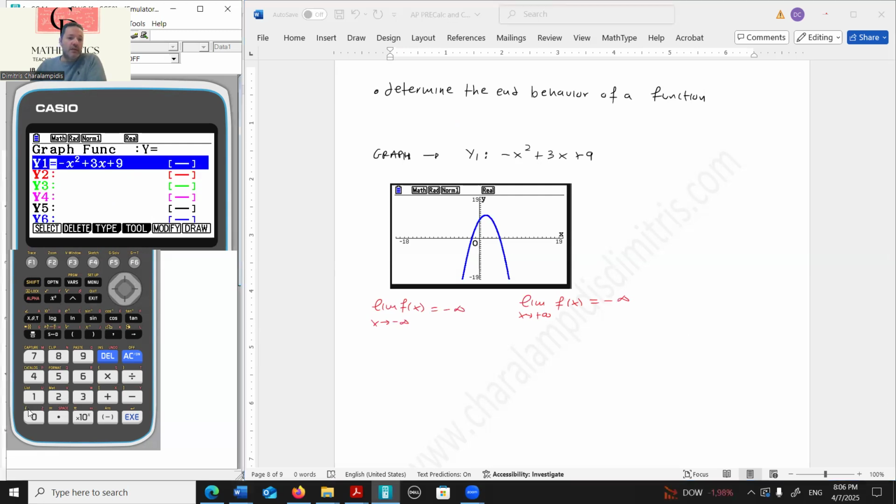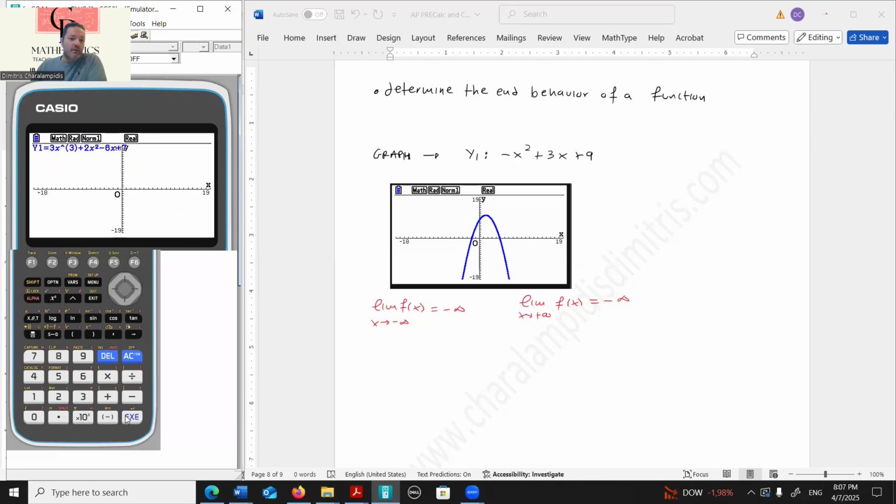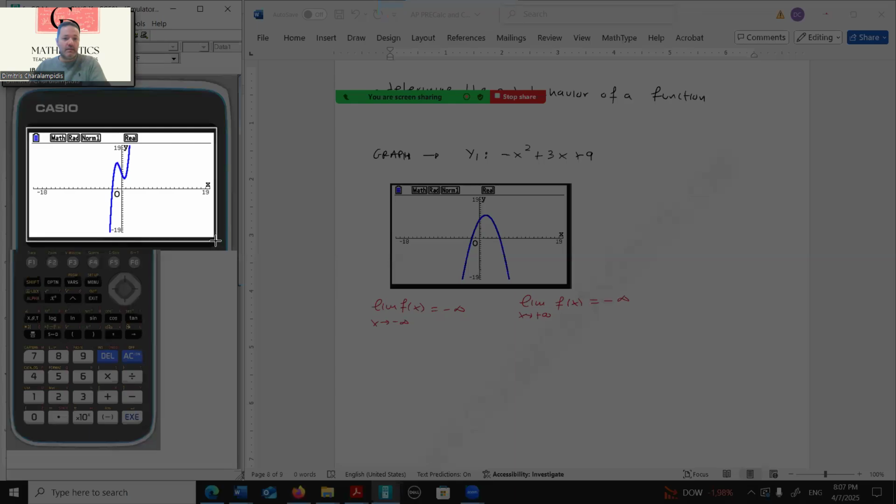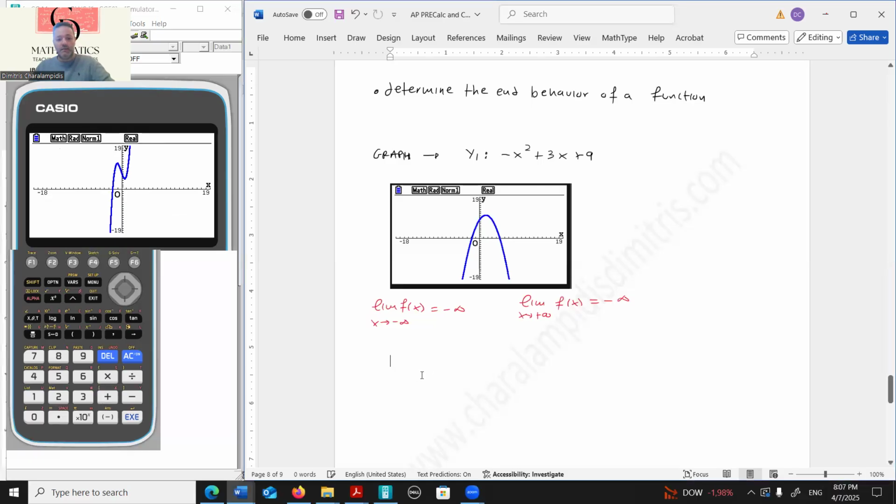Let's try out a different graph. 3x to the power of 3 plus 2x squared minus 6x plus 7. It will be like that. So let's cut that here.